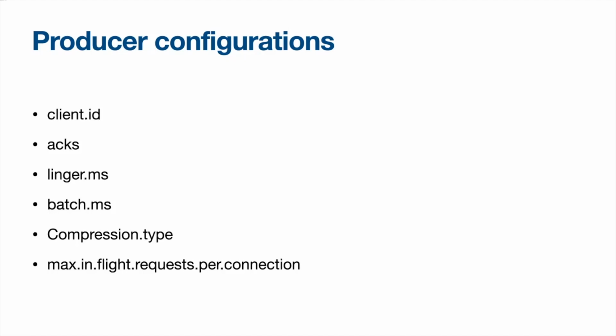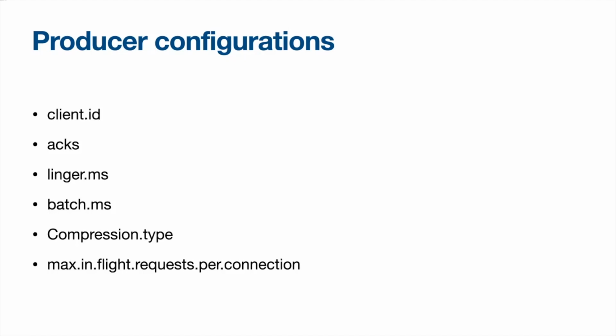If your acknowledge is 1, you will receive a future object in your producer client API once the data is written in the leader in-sync replica. If your acknowledge configuration is equal to all, then you will receive the future metadata only when the data has been written across all your in-sync replicas. So that is about ACKS and ISRs.